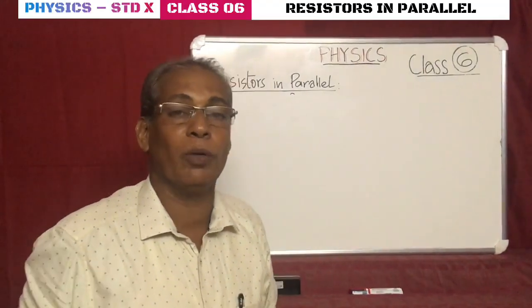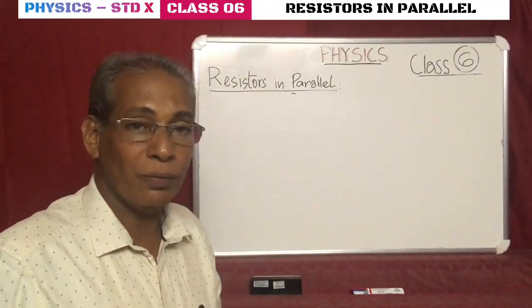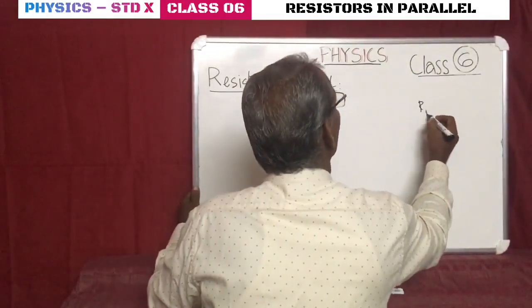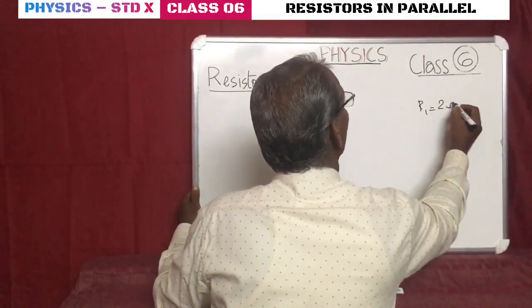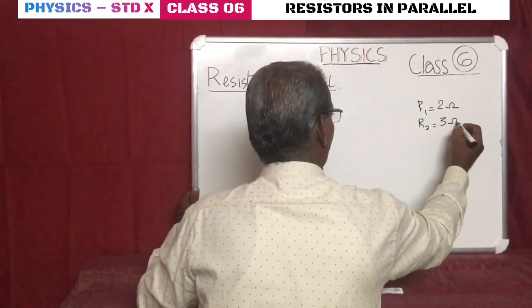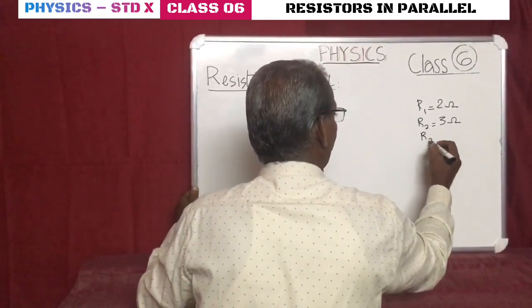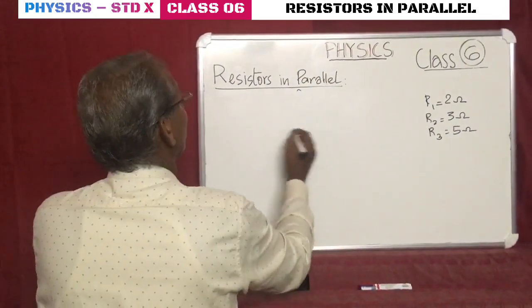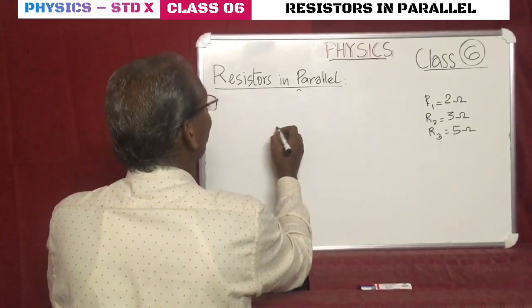So let us do the problem. We have 3 resistors, R1 2 ohms, R2 3 ohms and R3 5 ohms. We can draw the figure first.